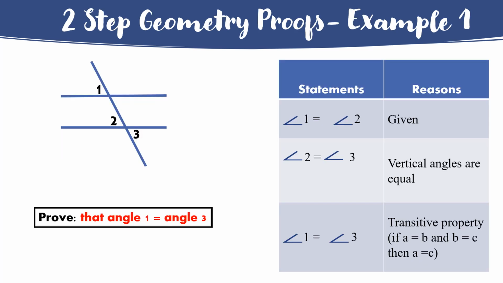Let's work another geometry problem. Sometimes you will be asked to prove things. And here we're being asked to prove that angle 1 equals angle 3. Because we have two parallel lines, here's the first one, here's the second one, and they are intersected by this transversal.